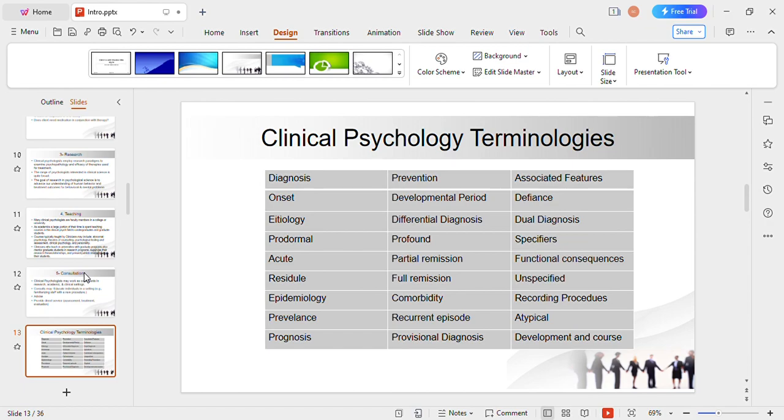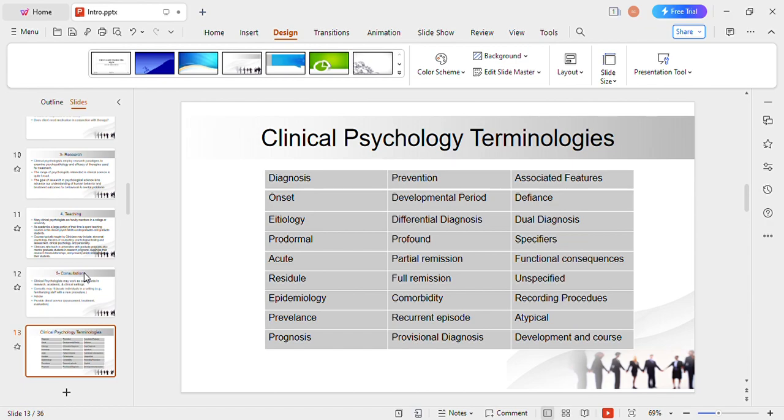And after unspecified, the next point is recording procedure. Recording procedure provides how we can give a code to any disorder, considering the ICD codes. And atypical symptoms show that the symptoms are not representative ones.